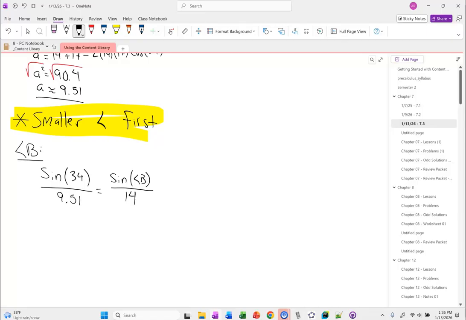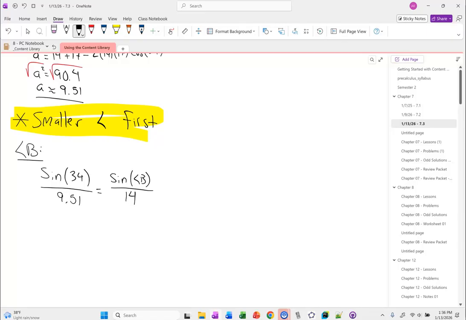Last class we did side side angle, and now side angle side. So we could go straight into the law of sines. For the side side angle, you have to do a bunch of analysis to decide whether you have 0, 1, or 2 triangles possible. But after that, you solve using the law of sines.